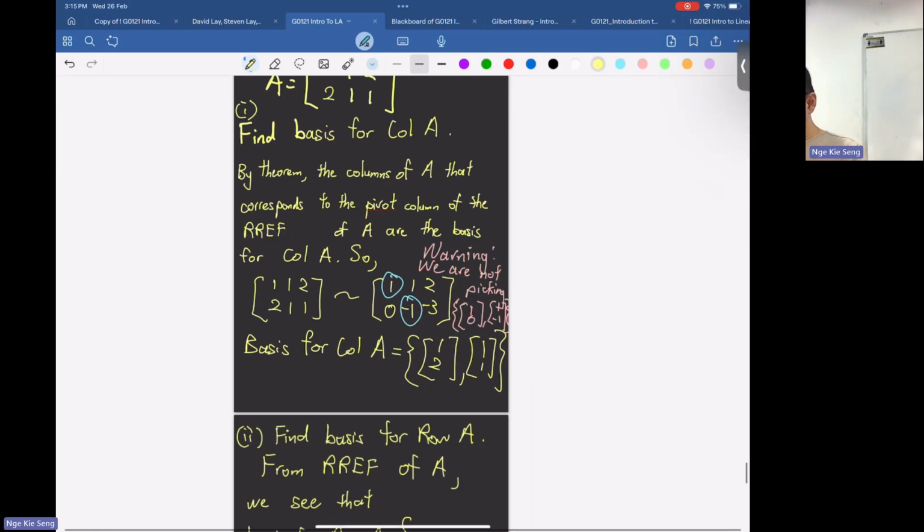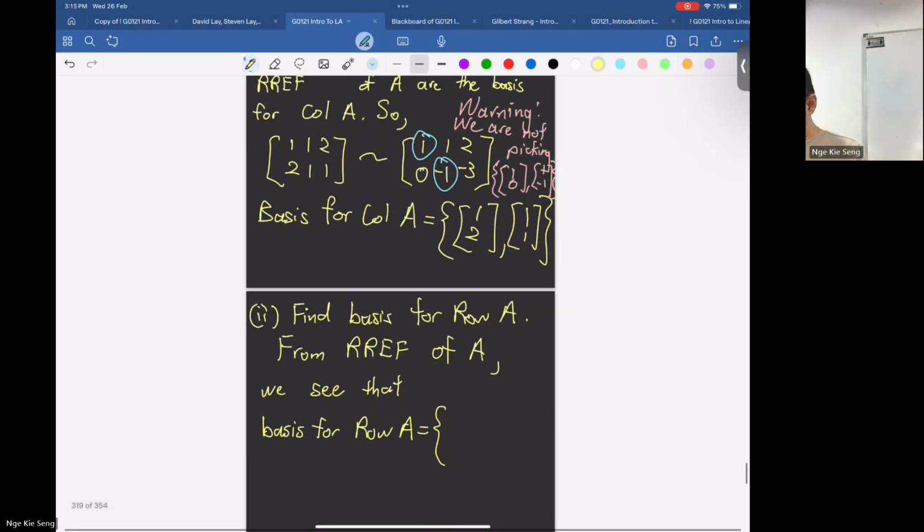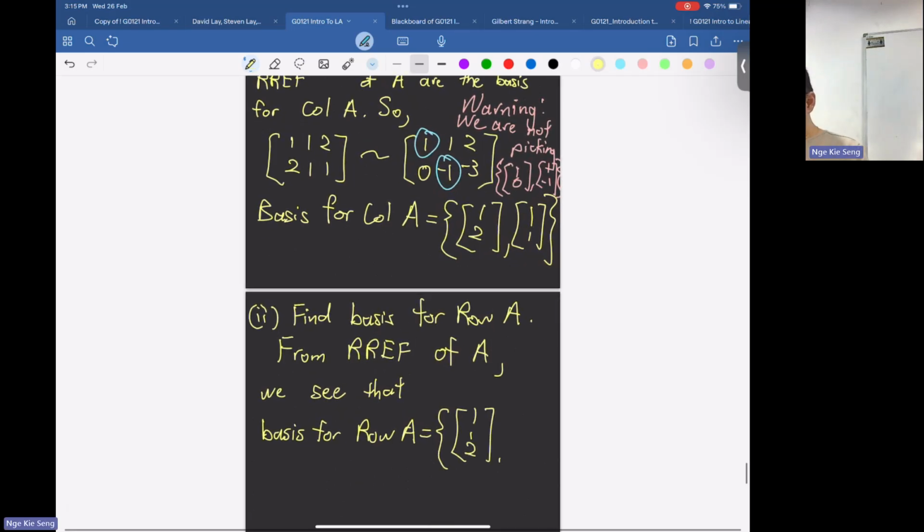Both rows are your basis: 1, 1, 2, and 2, 1, 1.